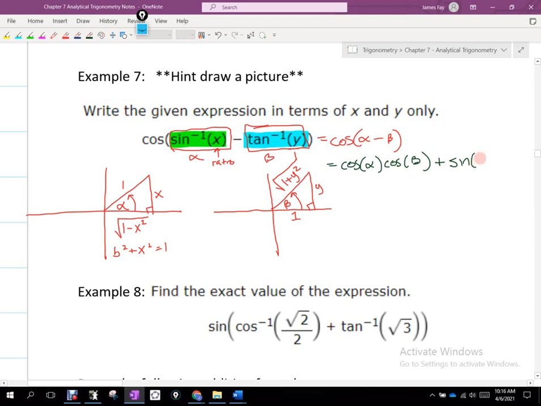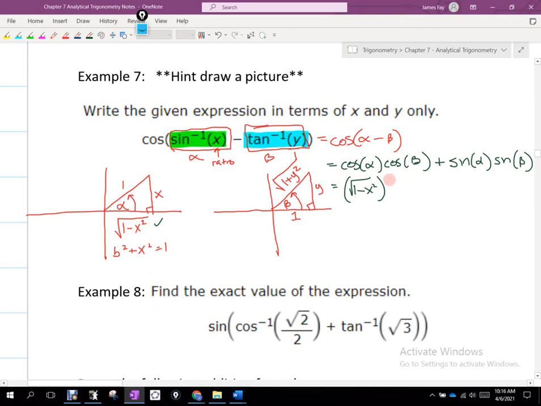And then sine of the first angle, sine of the second angle. Do you know cosine of alpha? You now know it's the square root of 1 minus x squared over 1, right? It's this adjacent side divided by the hypotenuse. That's why we ended up needing that expression there.